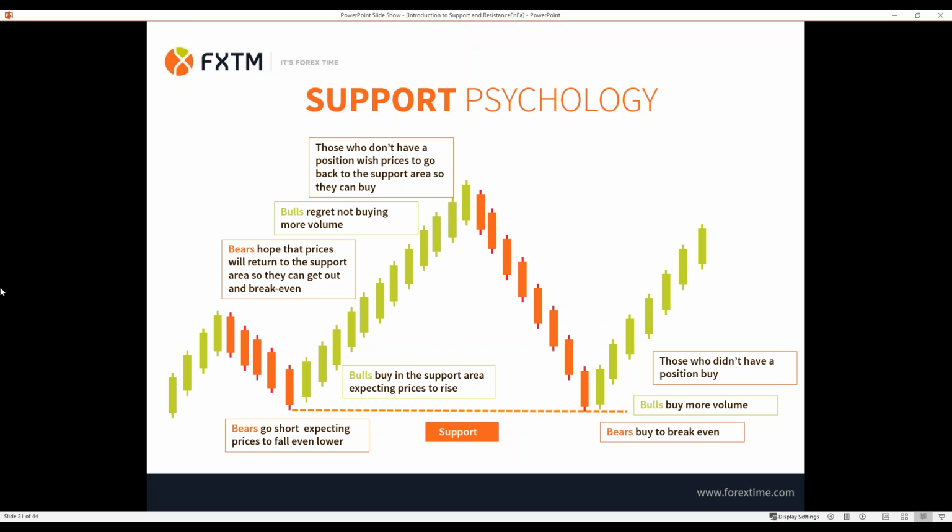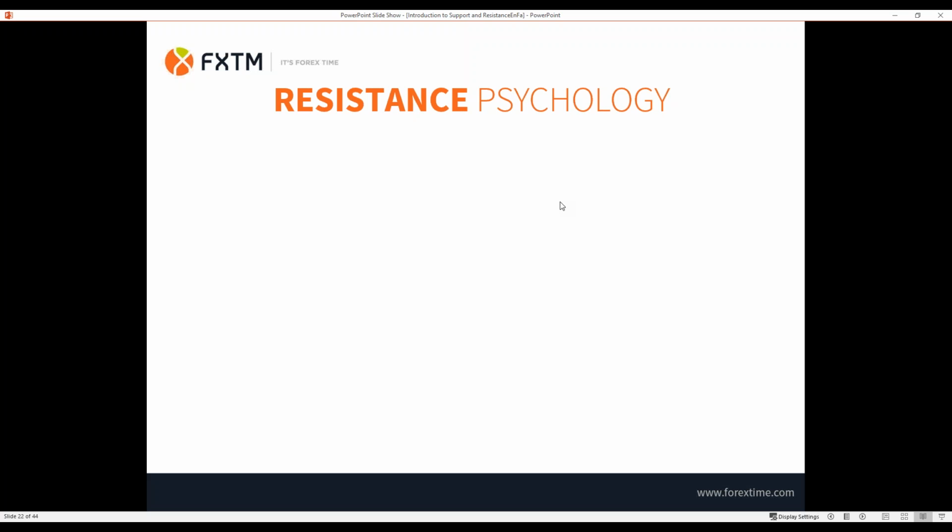All right. So we move on, and now let's take a look at the psychology behind the resistance level. Just to remind you that resistance is a top, right? Remember, resistance is a top. So prices go up, and then we see a few bearish candlesticks, and now they are moving higher again. So remember that the market never moves in a straight line.